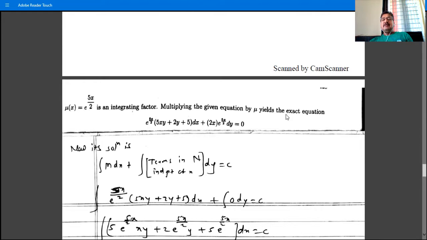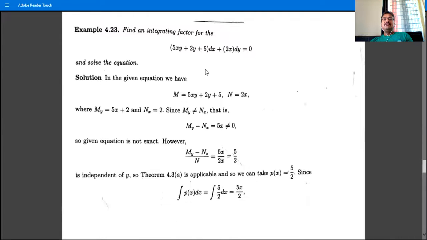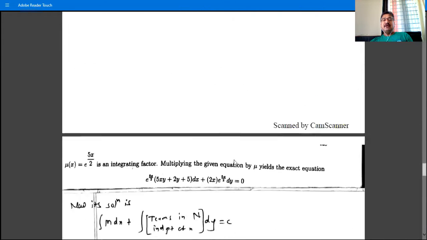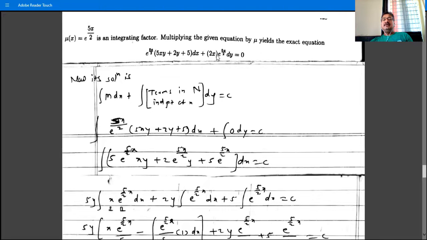So multiplying the given equation by the integrating factor e raised to 5x by 2, this differential equation is now an exact differential equation. After multiplication by the integrating factor, the non-exact differential equation is reduced to an exact differential equation.